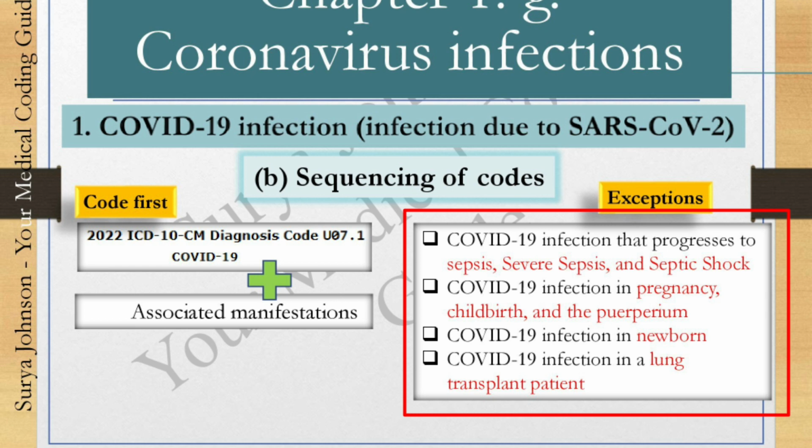You will follow the sepsis, severe sepsis and septic shock guidelines, in which sepsis or severe sepsis, septic shock will be the first primary diagnosis, followed by COVID-19 and then the associated manifestations.